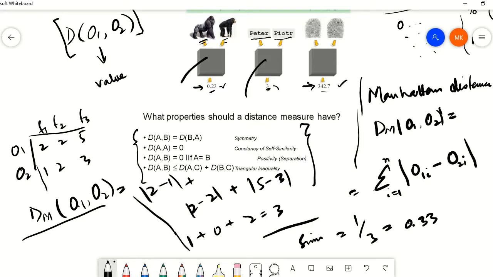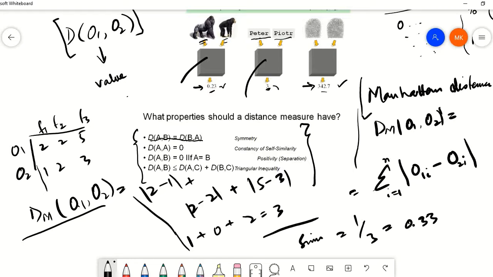Now, whatever the distance measure that we use, it's expected to obey these properties in order to have a reliable and consistent nature. So one such property is that the distance between A and B should be equal to the distance between B and A. This property is fulfilled by Manhattan distance because we are using these mods.